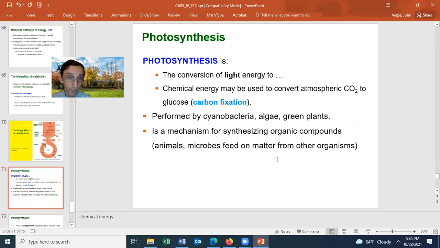This occurs in photosynthesis as well as chemosynthesis, and we're only going to talk about it in photosynthesis. Photosynthesis is the conversion of light energy into chemical energy. The chemical energy is usually used to convert atmospheric CO2 to glucose. And we call that carbon fixation.